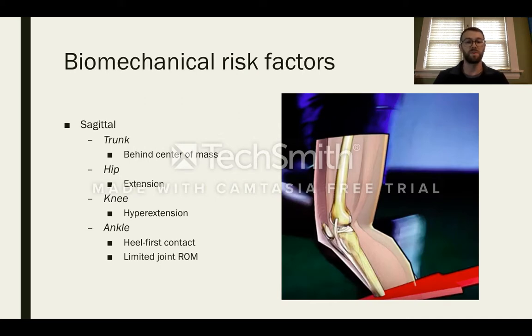If the hip is at a greater degree of extension, it allows the body to absorb energy, and that goes along with the knee as well in a hyperextension phase, where the knee is almost locked out or beyond 180 degrees. Both extension in the hip and the knee can lead to greater risks incurred.